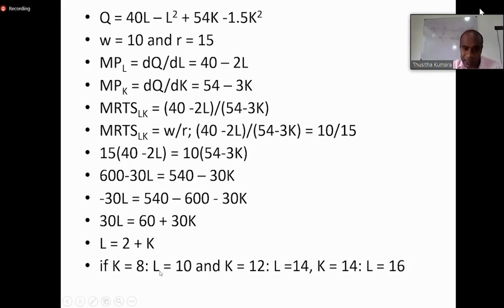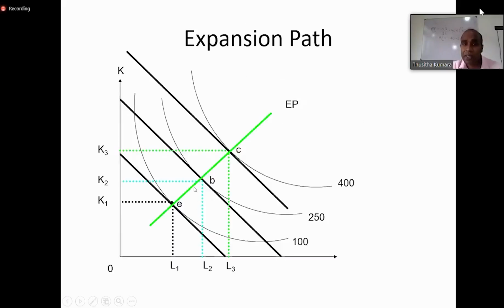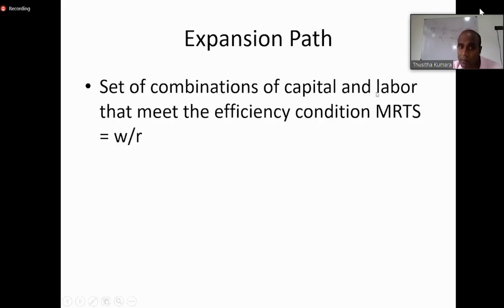So this combination tells us there is a way to mix capital and labor, which is known as expansion path, because it tells us the different combinations of capital and labor that meet the efficiency condition.